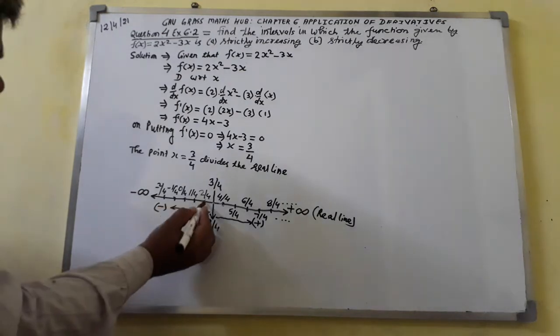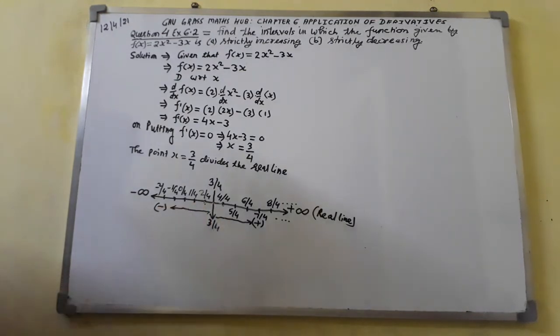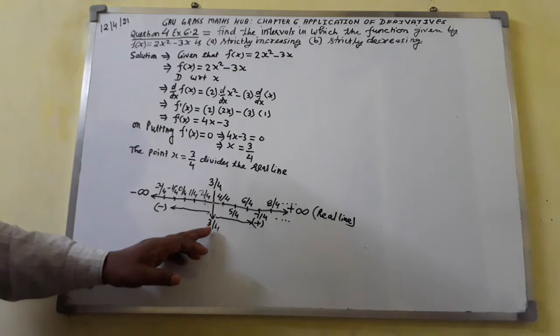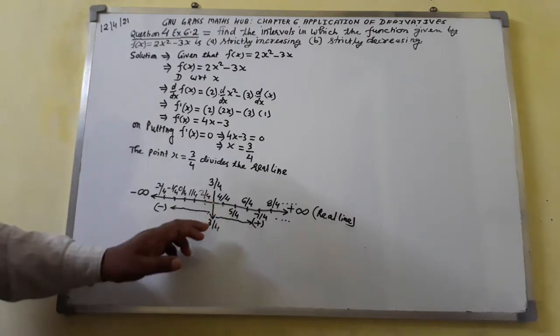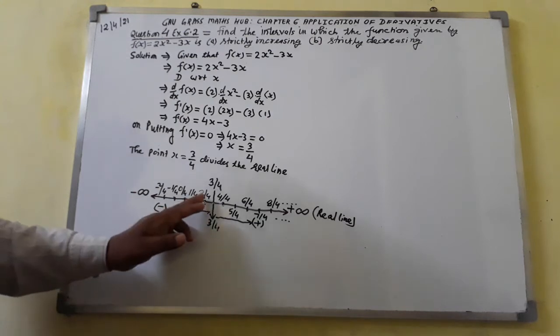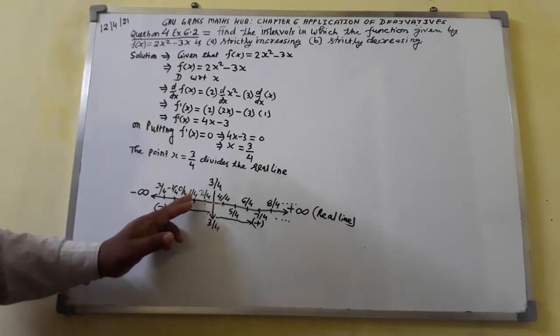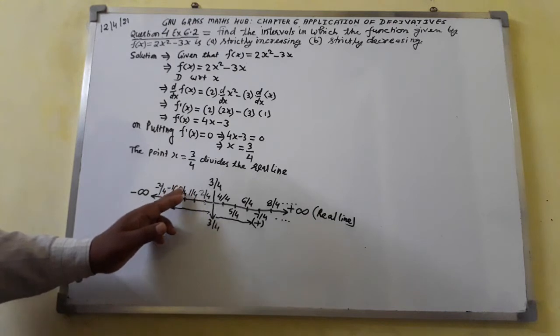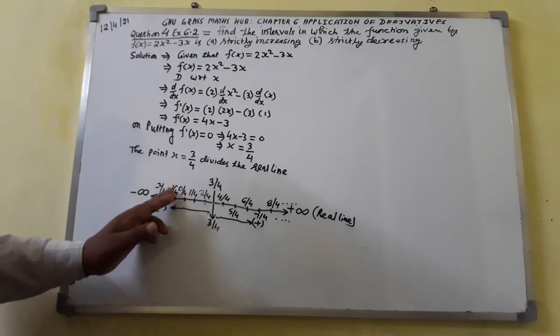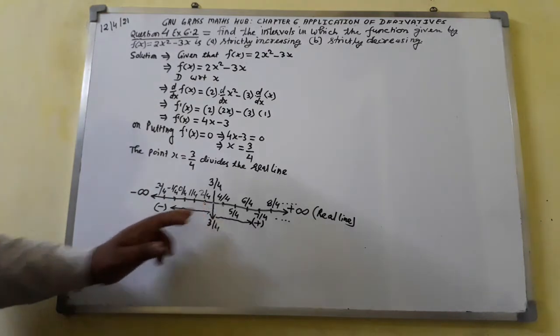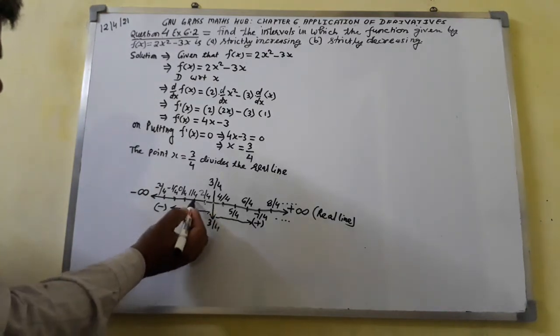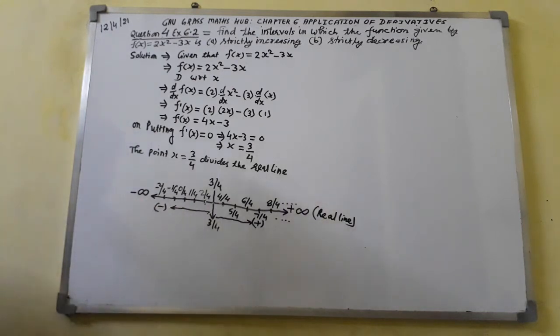The denominator will always be the same, 4. So 3, one less 2, 2, one less 1, 1, one less 0, 0, one less minus 1, minus 1, one less minus 2. This thing you have got.